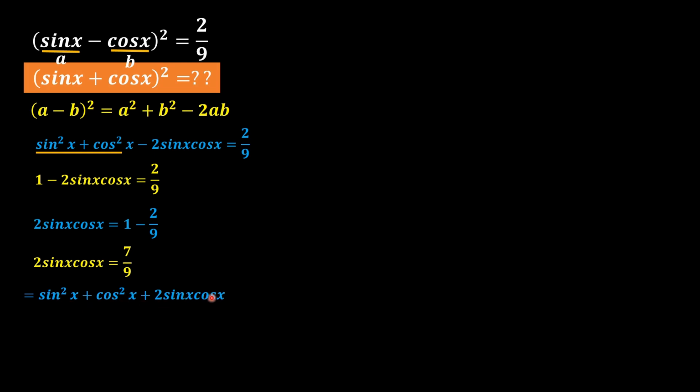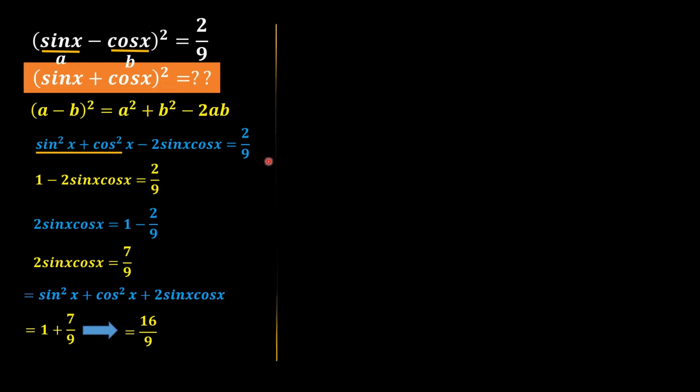So we replace both values inside this equation, and we get 1 plus 7 over 9. Now we simplify by taking LCM, and we get 16 over 9, because 9 multiplied by 1 is 9, and 9 plus 7 equals 16. Over 9 remains the same, and this is the answer for the first method.